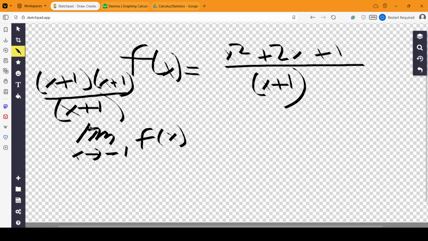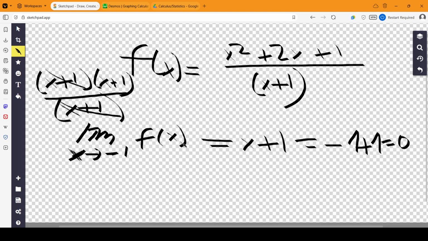So you're going to ask, wait, so you just rewrote it, but if we find the limit, it's still going to yield an indeterminate value. We can finally cross these out, giving us x plus 1. And then we can plug the limit in, and we'll get 0.